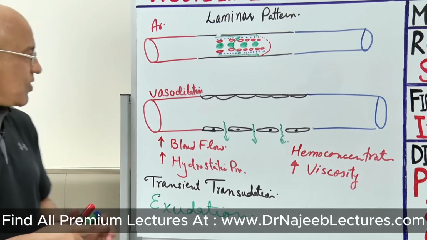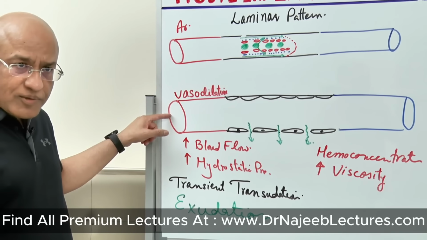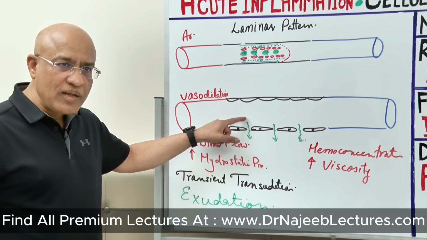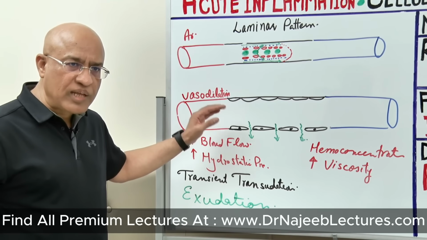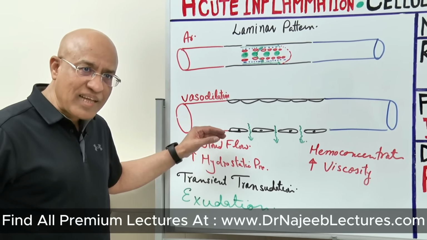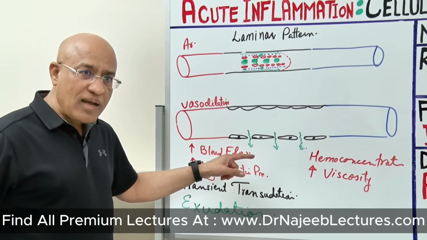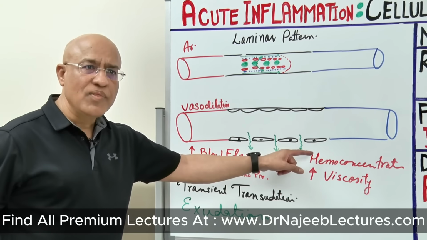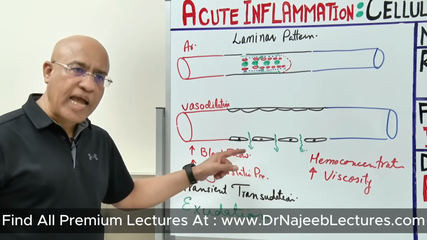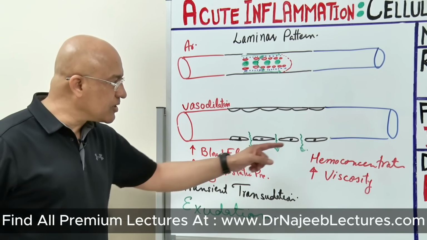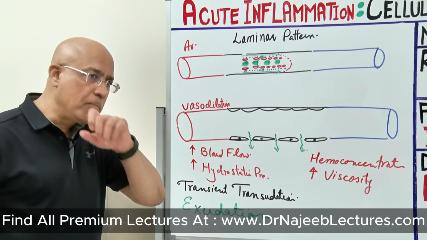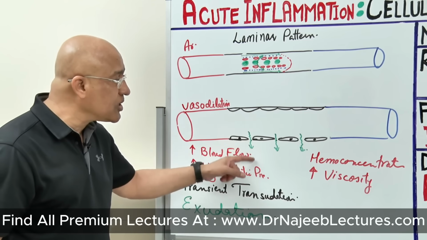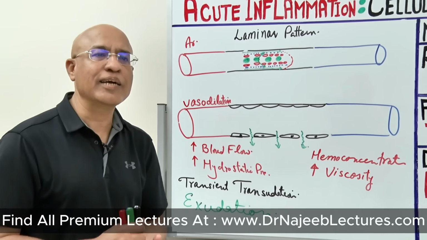Right? There was arterial dilation, increased hydrostatic pressure here. Initially, protein poor fluid came out, that was transudation. Then chemical mediators acted on the endothelial lining and interendothelial gaps appear. And when interendothelial gaps appear, microcirculation permeability is increased, and now protein rich fluid comes out, we call it exudation.